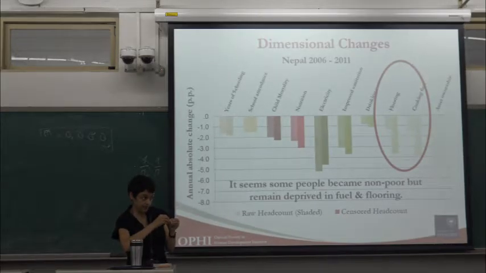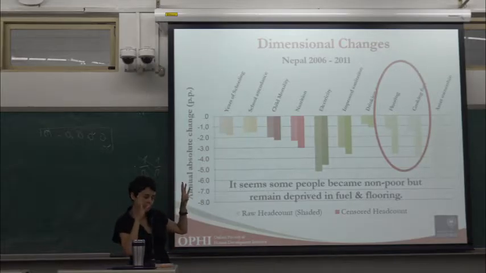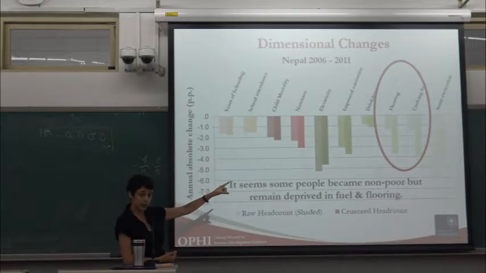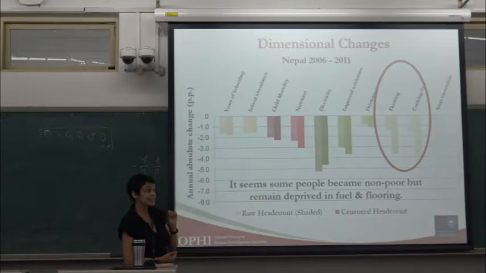However, when I look at the raw, it went down very little. So what that change is capturing, like your colleague said, is the people getting out of poverty, and these people were deprived in flooring.